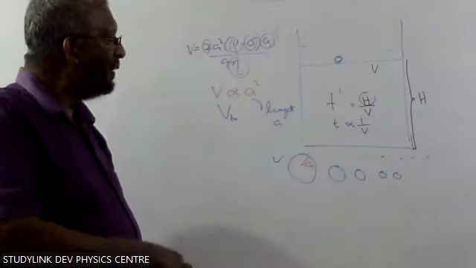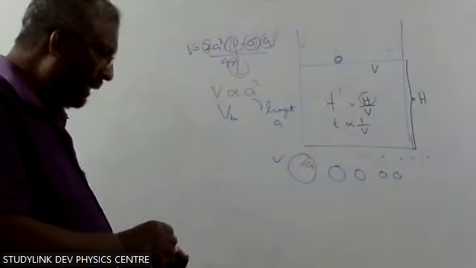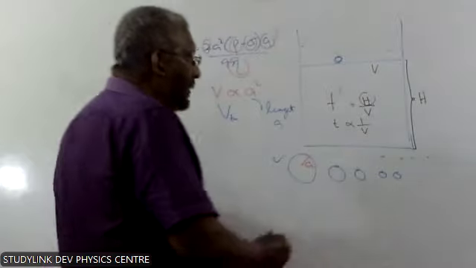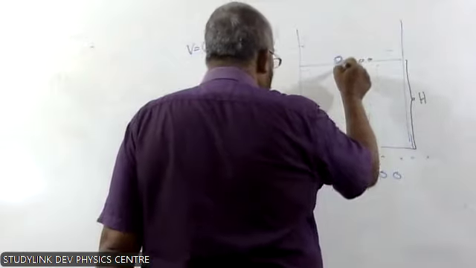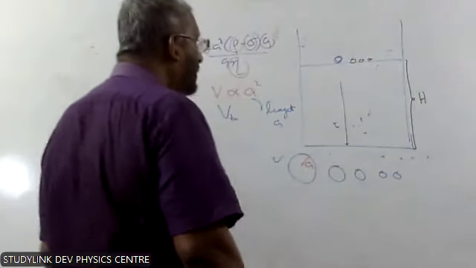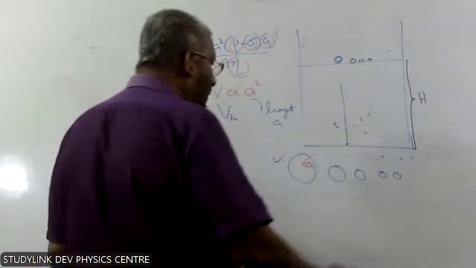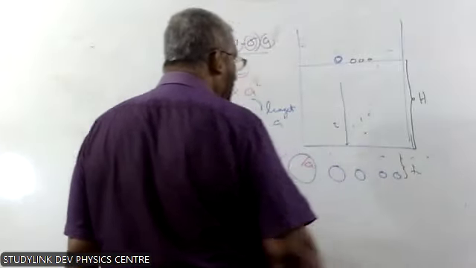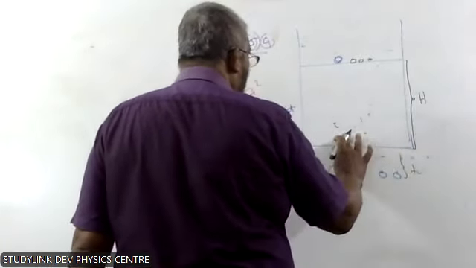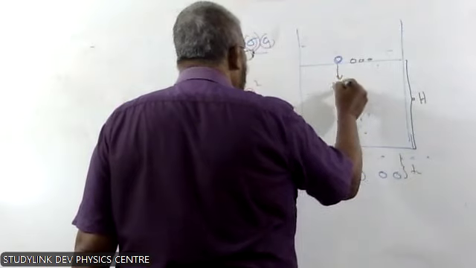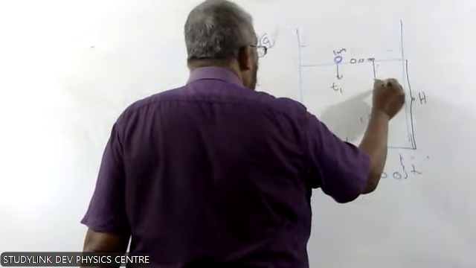Normally, when we scatter this on a liquid surface, various sizes are there. So the largest one reaches the bottom first. But the largest one comes to the bottom with the smallest time taken. If you take any time in between, the largest one reaches there in T1, and the smallest one reaches at T2.